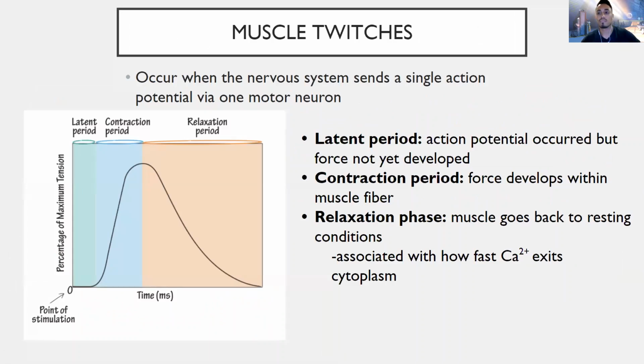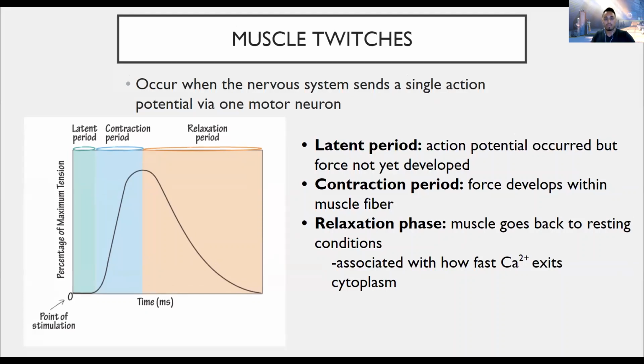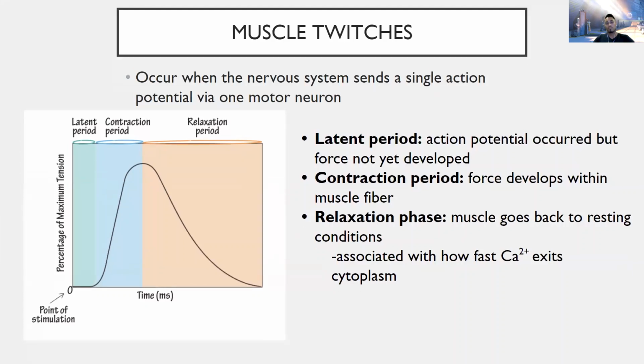Okay, so real quick, muscle twitches occur when the nervous system sends a single action potential via one motor neuron. And so here we have 3 different periods. We have the latent period, which is when the action potential has occurred, but the force has not yet developed. So we're essentially preparing for the contraction phase here.